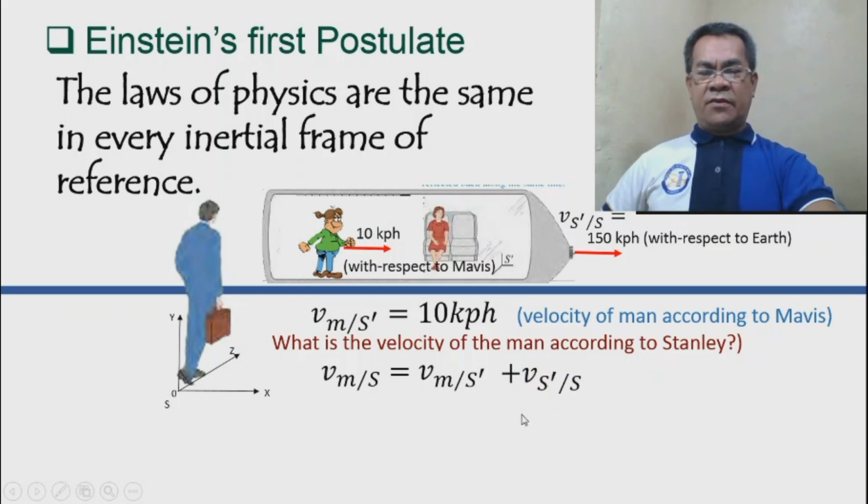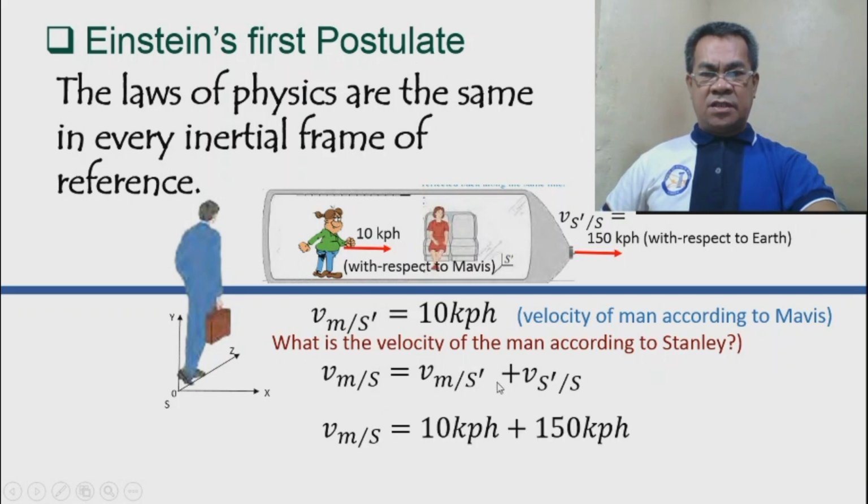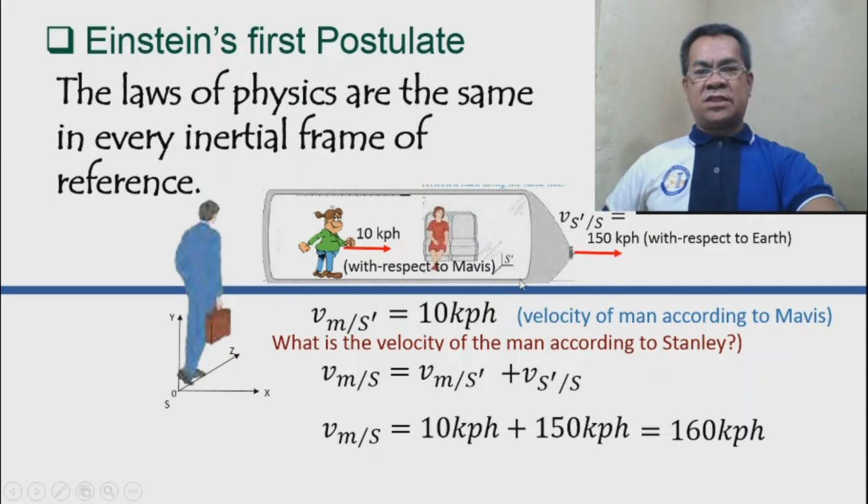So therefore, how much is the velocity of the man with respect to Earth? It should be 10 kilometers per hour plus 150 kilometers per hour, and the answer is 160 kilometers per hour. So according to Stanley, the velocity of the man is 160 kilometers per hour, but according to Mavis, this is only 10 kilometers per hour.